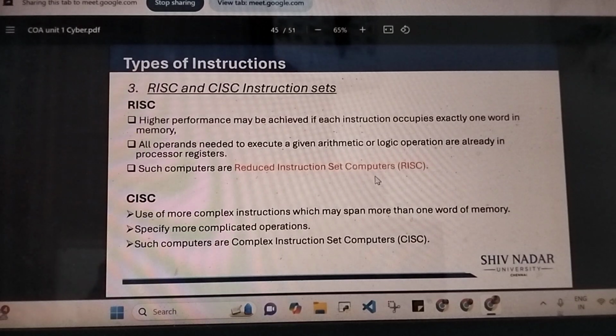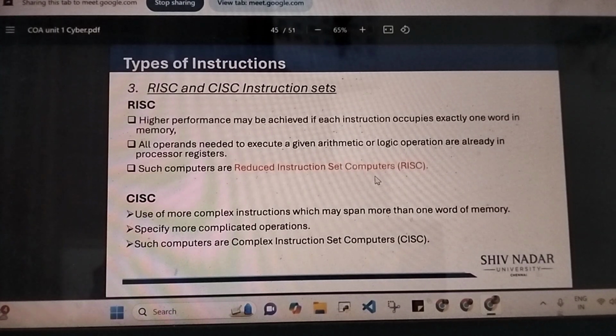For example: create location A, assign value to A, create location B, assign value to B, fetch A, fetch B, add A comma B, create location C, take that resultant sum, put it in C.